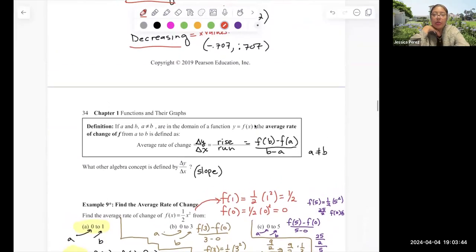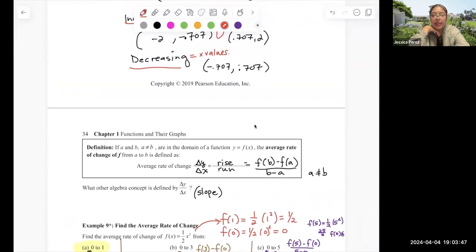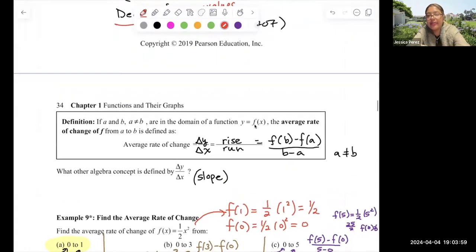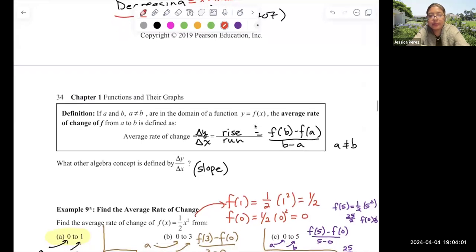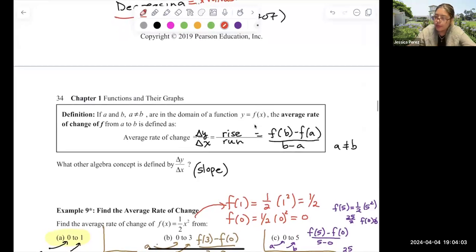Moving on to, what is an average rate of change? You've seen that in the past already. Actually, the average rate of change is your rise over run. It's your slope. It's f of b minus f of a divided by b minus a. So that is the formula that you want to write down, where a is not equal to b, because then my denominator would be 0.